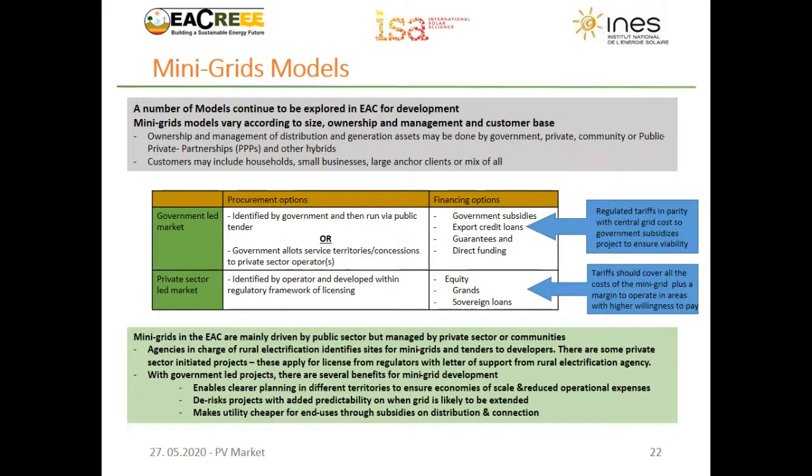Usually ownership and management of distribution and generation assets may be done sometimes by the government, sometimes by the private sector, or community-based. And we have quite new ownership and management systems coming up, a kind of hybrid sometimes, government or community, in recent days.